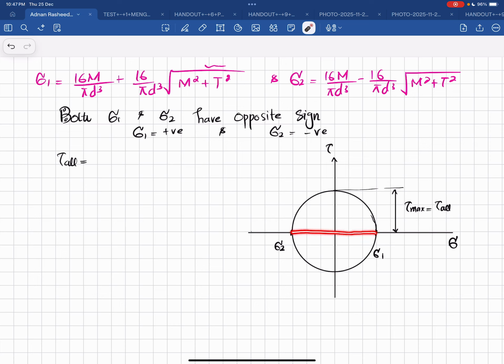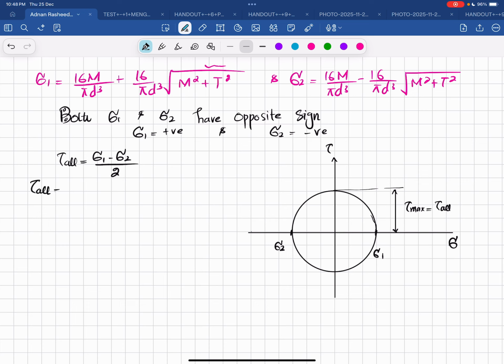If you take this whole, sigma 1 minus sigma 2 will give you this distance. This is sigma 1 minus sigma 2, and if you divide it by 2, we will get this distance. So sigma 1 minus sigma 2 divided by 2 is this allowable shear stress.